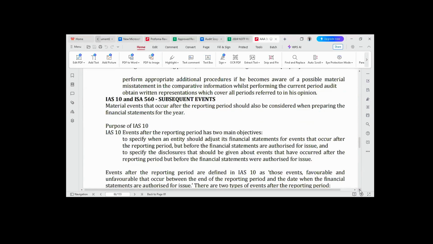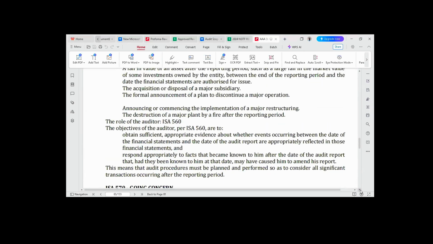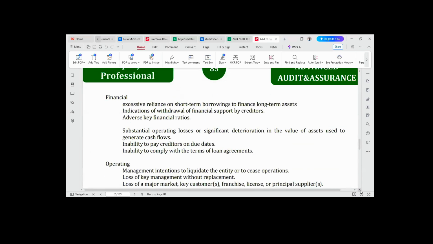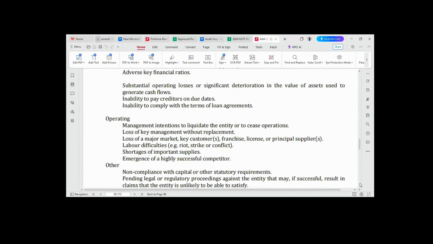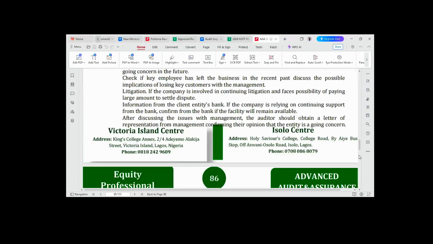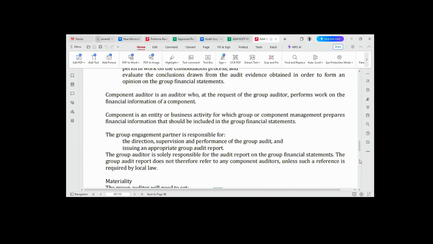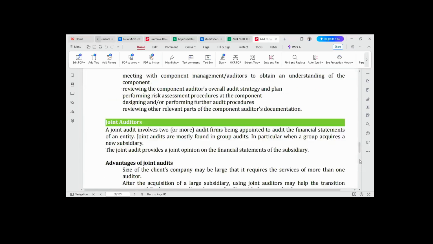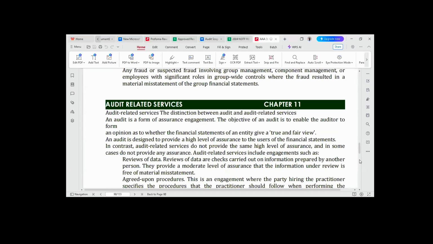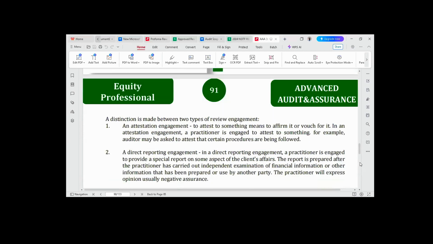So today we'll be going to the next topic on the agenda, which is the current issues in auditing. Current issues in audit, that's chapter 15. Okay, let's look at current issues in auditing before we come back to this assurance and services.